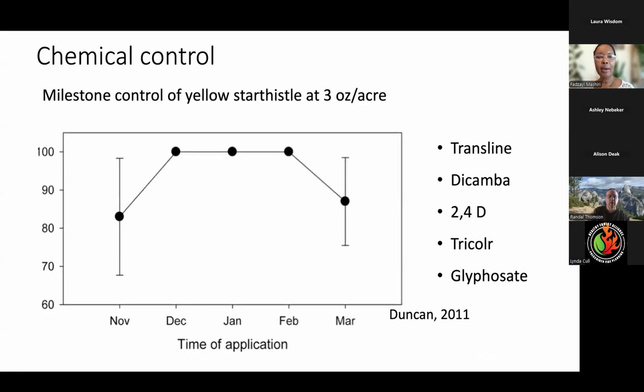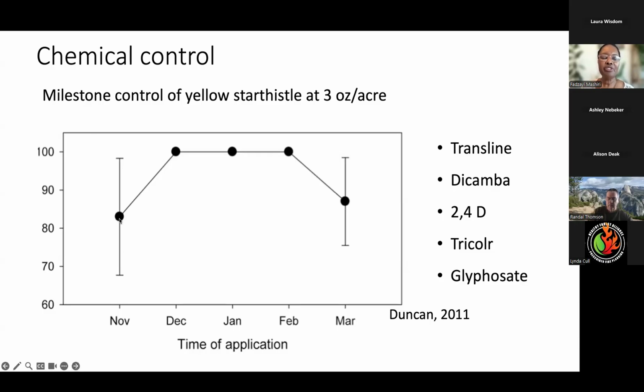So here is just one example of when you can think of applying an herbicide. Here is an example of when Milestone was applied in November. You can see that the right side is the effectiveness of control.